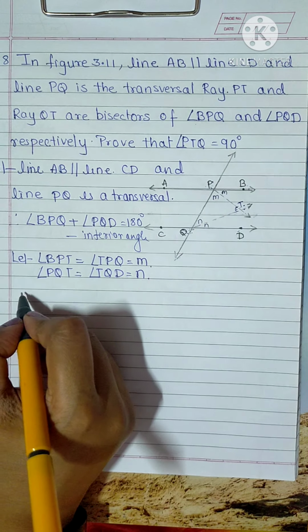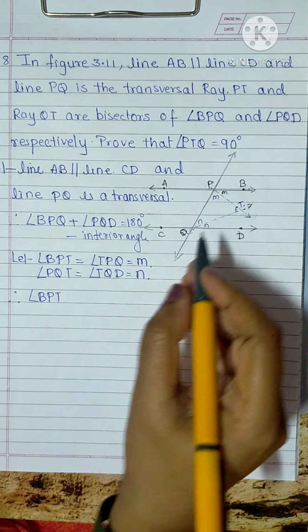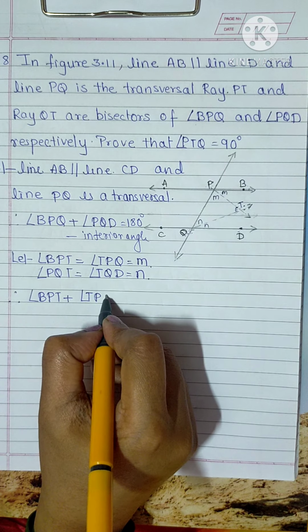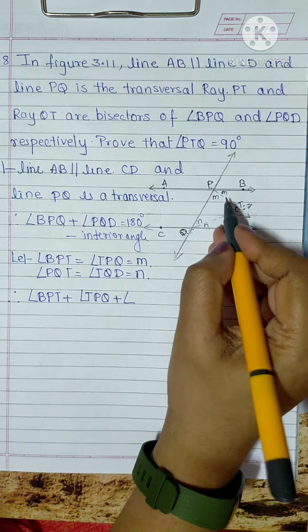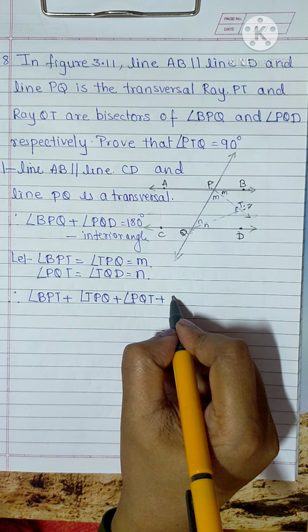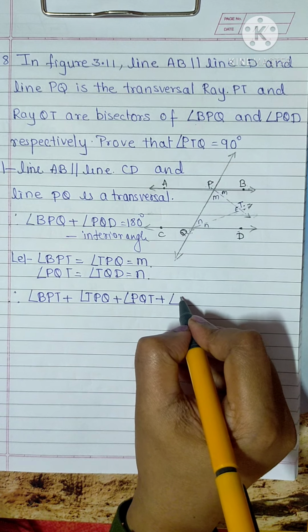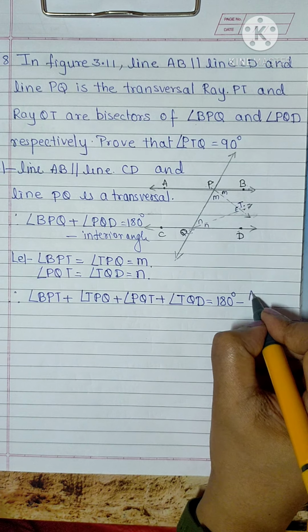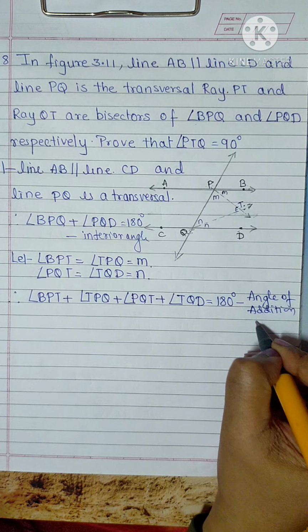Now therefore angle BPT plus angle TPQ plus angle PQT plus angle TQD equal to 180 degrees, by the angle addition property.